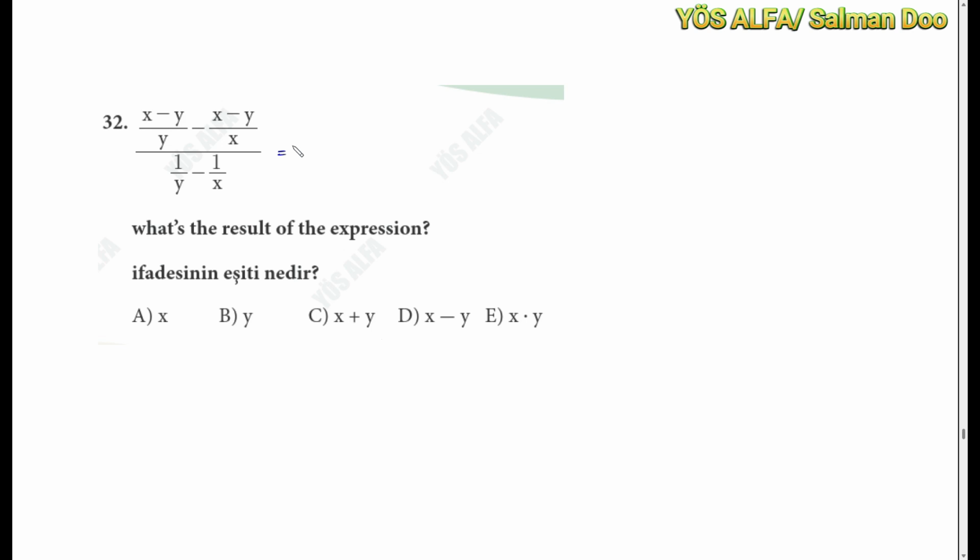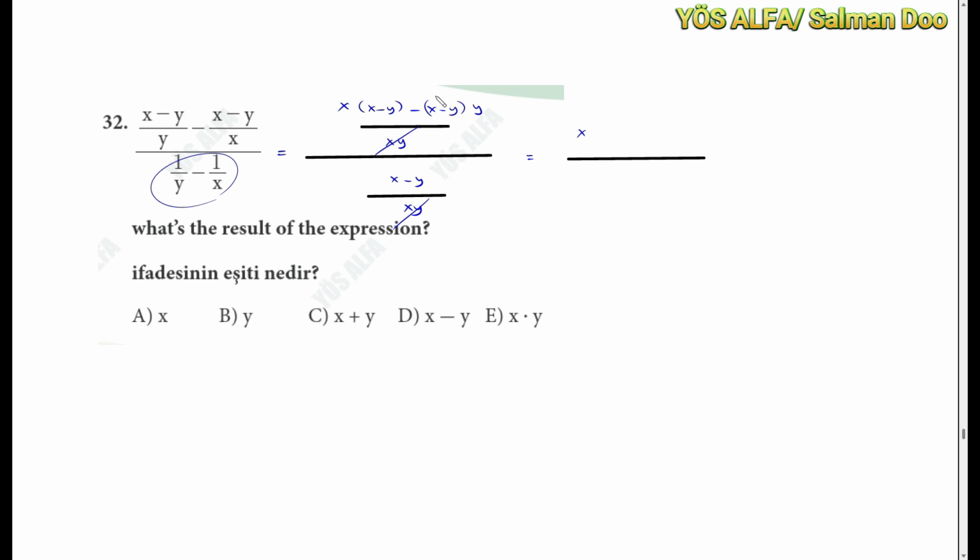What's the result of the expression above? So let's simplify this. We have xy on the denominator. So on the numerator, we have x times x minus y minus x minus y times y. So for this expression, we have xy on the denominator and x minus y on the numerator. So when we simplify this, these two cancel out each other.